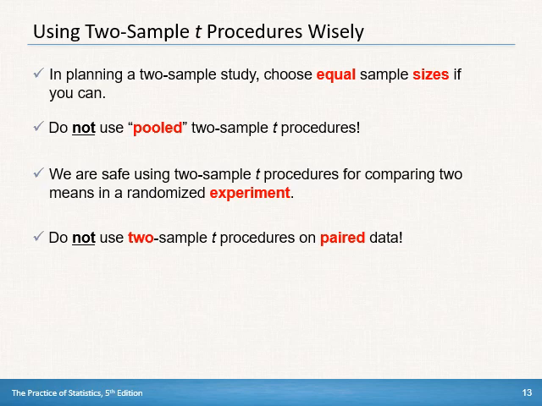So 1 week you do one treatment, and then the next week you do a different treatment. So the two treatment groups are not independent of each other, because the same group got two different treatments, one after the other. Of course, which one you do first is determined by random, but they're not independent groups. And so we cannot use two sample T procedures on paired data because it's really the same group or related groups.